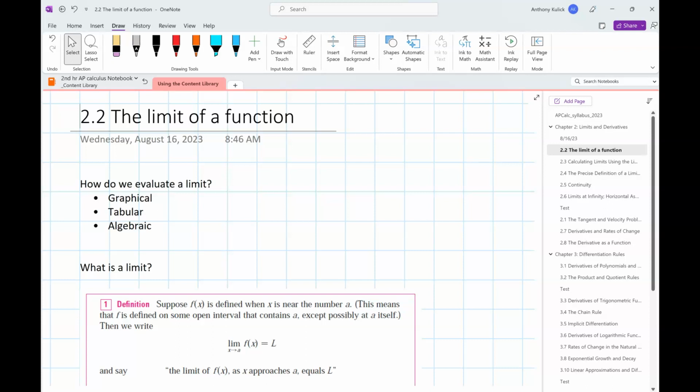So that idea of how do I do this algebraically is going to wrap into section 2.3, where we really develop a lot of really helpful tools in order to do that algebraically, because that's what we'd like to do, right? If I'm given a function and I ask you to take a limit of it, ideally you don't want to have to generate a graph, especially if there's not a calculator available to you, which on the AP exam there will not be in certain sections.